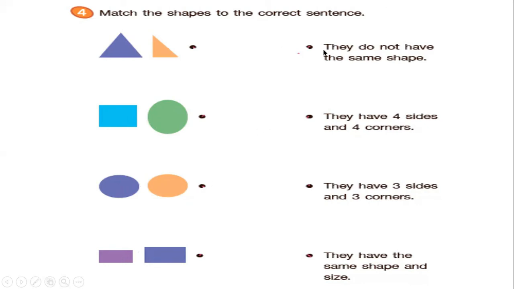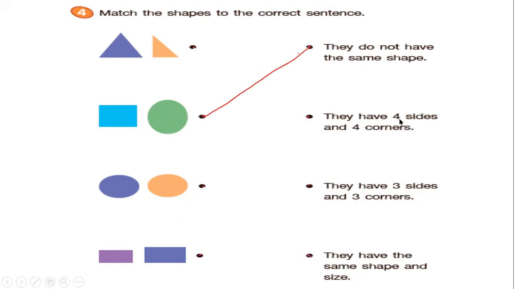Now they do not have the same shape. Which ones are not having the same shape? Oh yes, it is this one, because this is a quadrilateral and this is a circle, so they do not have the same shape. Okay, so we can match this.